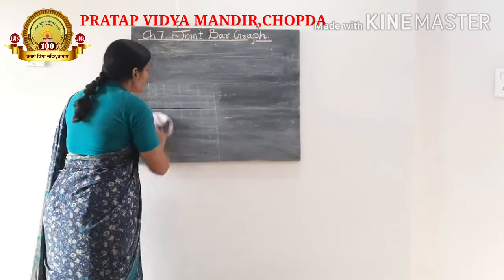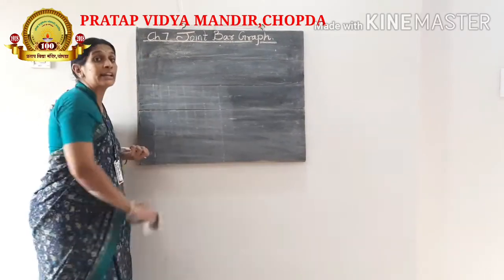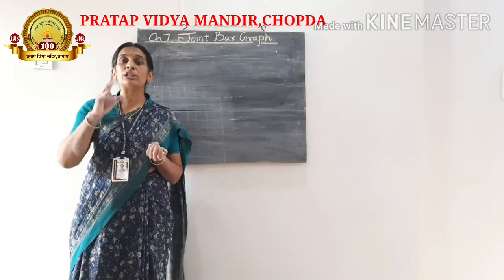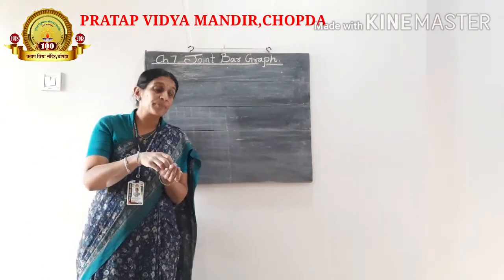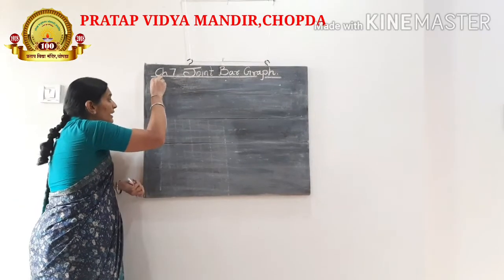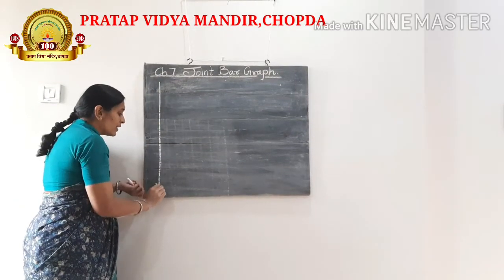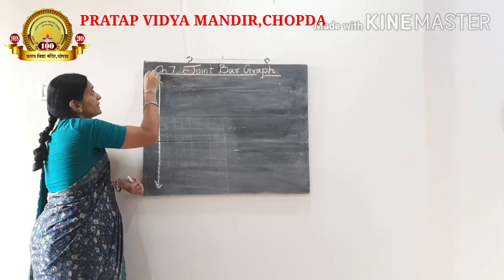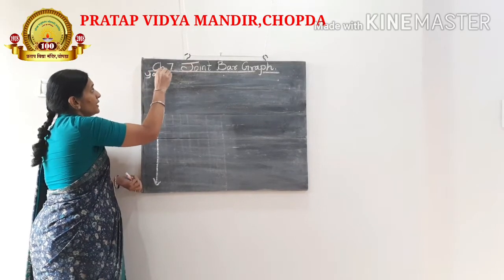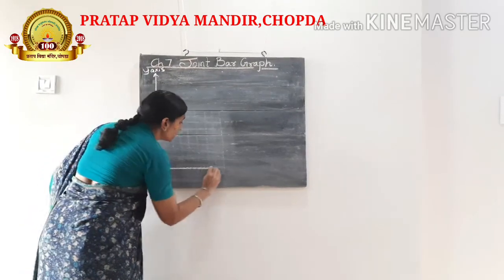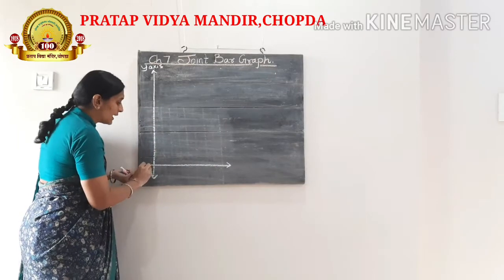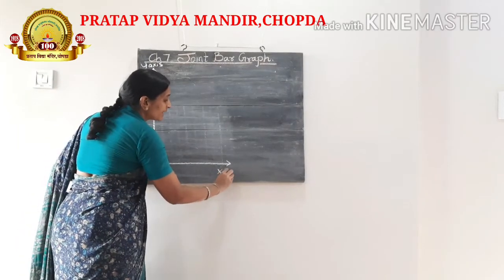One more thing, while drawing a graph we have to take into account two lines. The vertical line is called the y-axis and the horizontal line is called the x-axis.